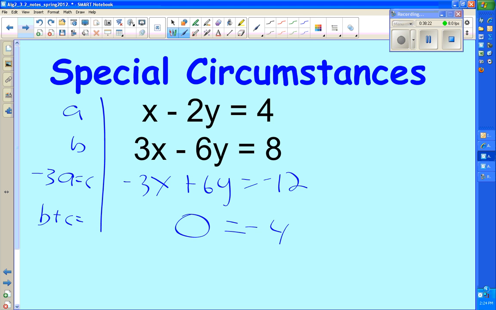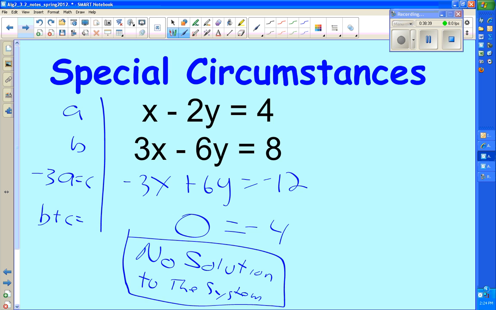So whether you're doing this by substitution, if you choose, or elimination, if you choose, either way, you get something that's totally false, no solution to the system. Does that make sense to everybody? Yeah. Just write no solution, and you put a line through the equal sign. No solution to the system.